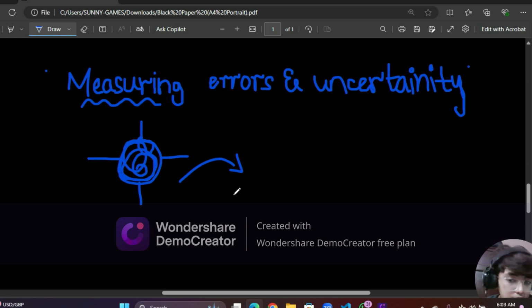Now, what are the formulas that we utilize mostly? Suppose this is a sphere, and I have to calculate its volume.